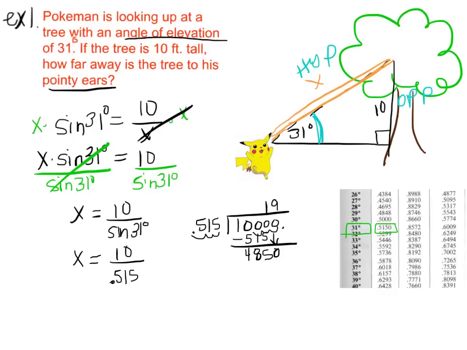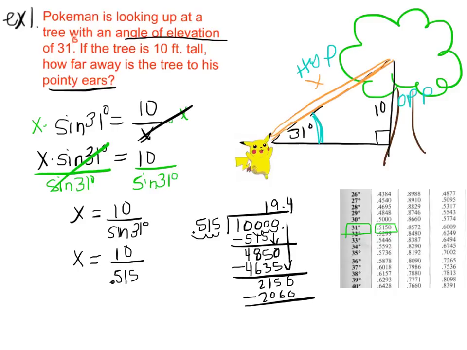4,859 times, forgot my decimal point up there, and 9 times 515 is 4,635. When I subtract that, I get 215, and I bring down my 0. 515 fits into 2,115 4 times. 4 times 515 is 2,060.